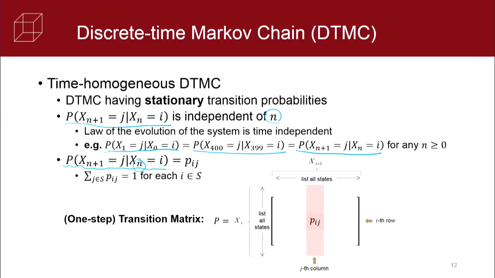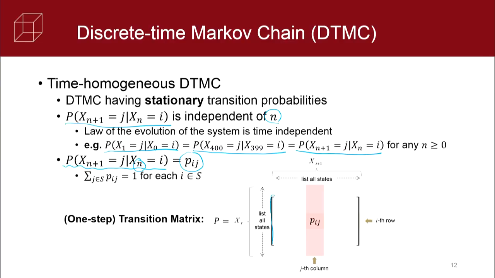So when we talk about this conditional probability, we don't need to consider n. I can simply represent it by Pij. We note that if you sum Pij over all j, it is equal to 1 for every i. So Pij can be specified in the form of a matrix, called the one-step transition probability matrix.